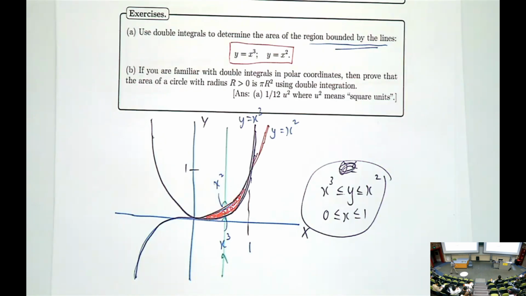For everyone at home, you're not going to get something like x times the sine of root x. It's going to be something friendly like root x, squared, x cubed. Yeah, 2x. Yep. When you draw a picture, you want to find the points of intersection if you can. It's a good question.